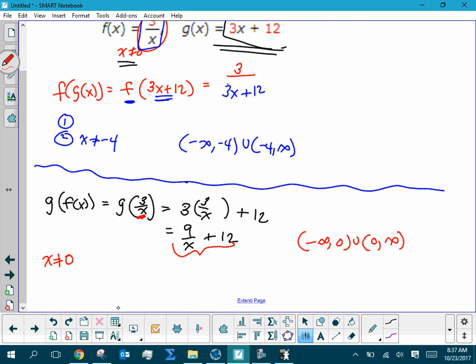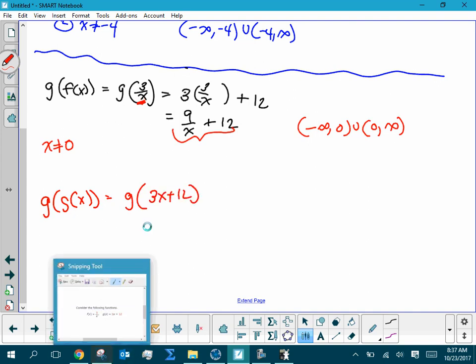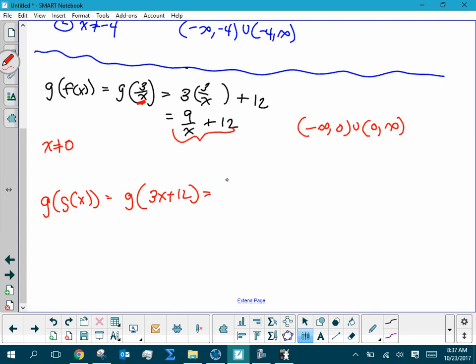Just quickly running through the next two. The easy one would be G of G of X. So G of X is going to look like G of 3X plus 12, which is then going to look like 3 times 3X plus 12, plus 12.